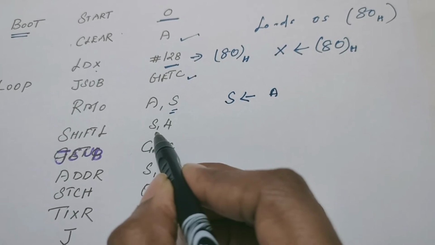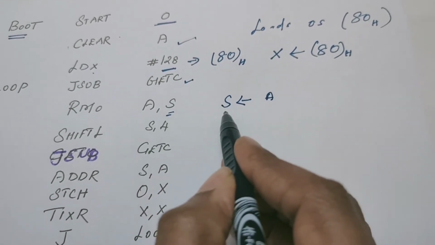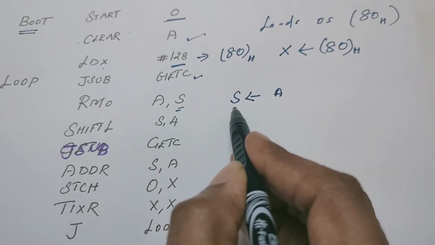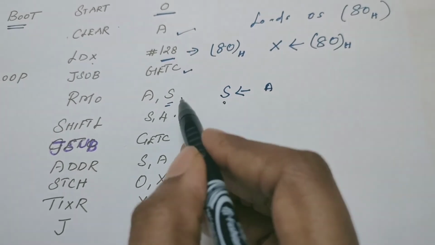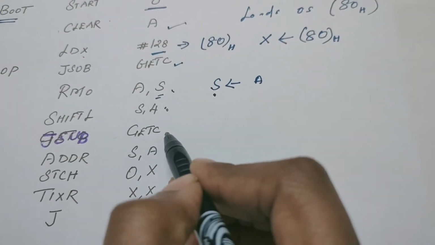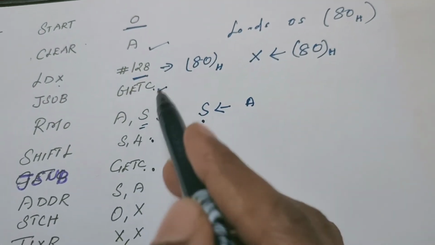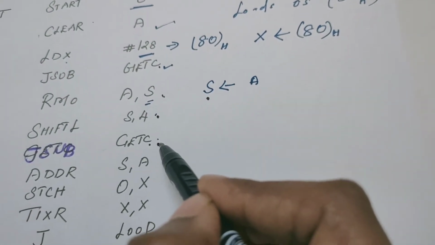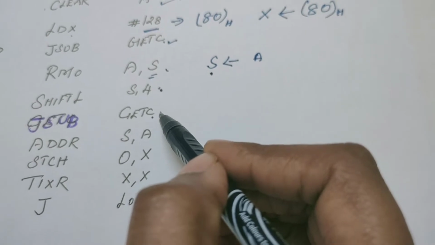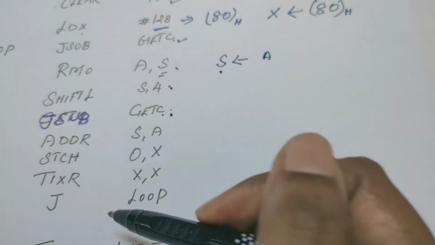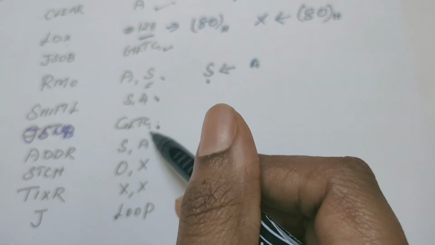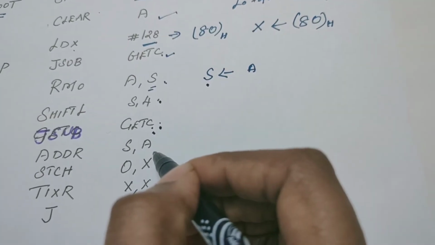SHIFTL S, 4 means whatever content is available is shifted left 4 times. After performing these two operations, it is once again jumping to the subroutine GETC. So it is jumping to the subroutine GETC a second time. It means it is reading a character. Once the control returns here from GETC, what is the operation to be performed?